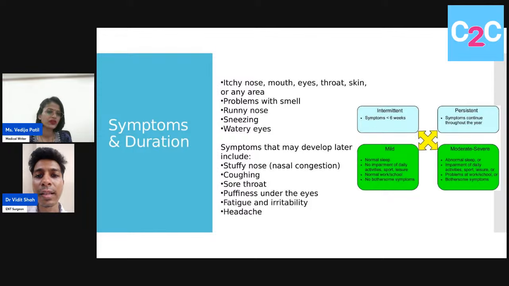So, doctor, when you talk about how nowadays allergic rhinitis is coming with no sense of smell, no sense of taste, do you think COVID is a major reason for this addition? Because initially it was not there, but post COVID we are having this particular symptom.